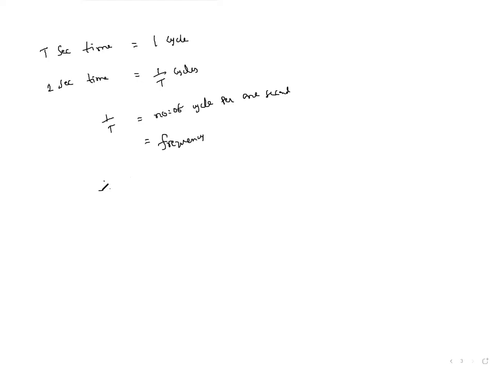Therefore, frequency is denoted by f. Therefore, the frequency f is defined as 1 by T. So frequency is equal to inverse of time period for a periodic signal or sequence. From this, we can also write that since omega is equal to 2 pi by T, T is equal to 2 pi by omega.